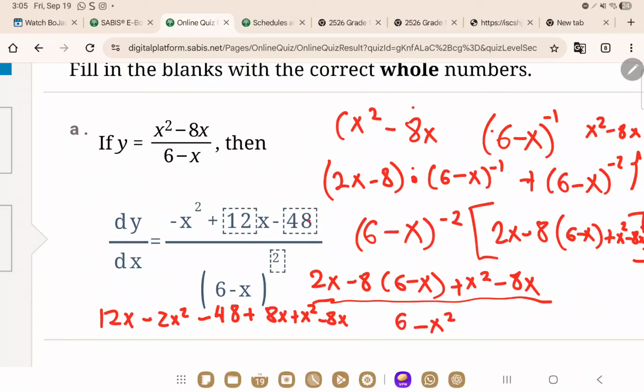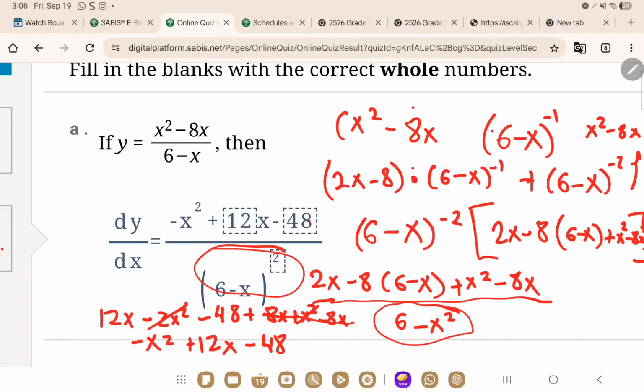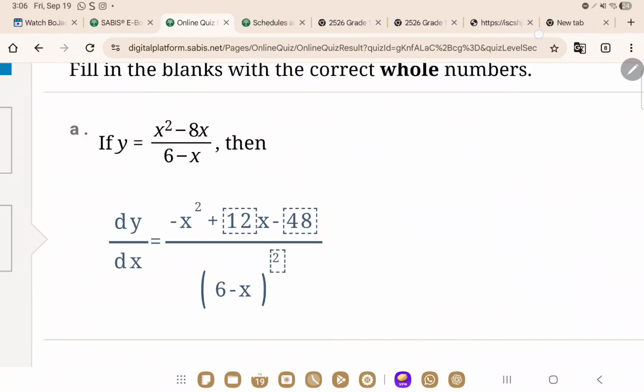This is going to end up being negative x squared, the 8x cancels completely, plus 12x minus 48, over (6 minus x) squared. I don't have space to put it anymore, guys. So this is our final answer.